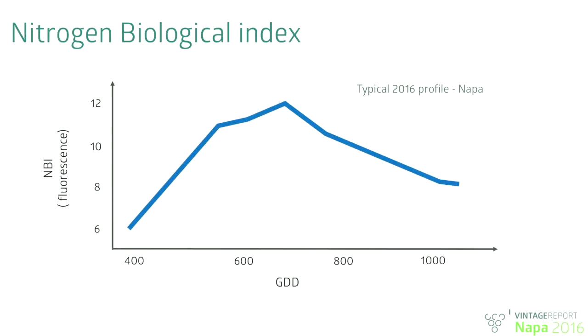And this is very important because it tells us two things. It tells us when nitrogen accumulation peaks, so here typically around 700 growing degree days. So you see, after the speed of maximal shoot elongation is reached, we still wait 300 growing degree days to see that peak. That's a typical profile.